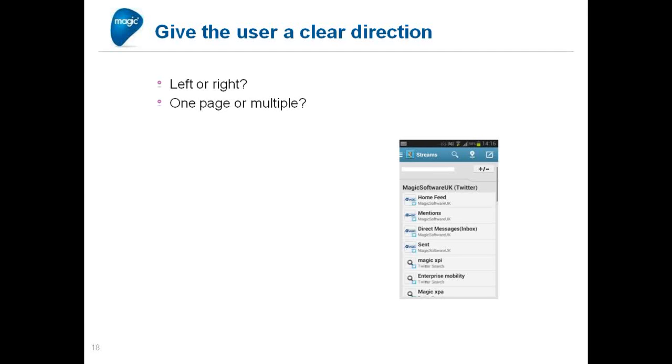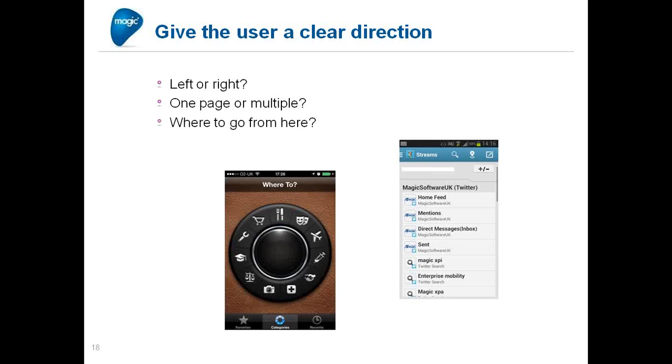The next point is to give users clear direction when they're navigating: what to do next, how many items there are, or how many steps. I'll give you two examples here. On this screen, I really don't know what's next, and it's a bit confusing, whereas on this one, the design work applied was very carefully considered, and it provides a much better indication and also a much more pleasant experience.